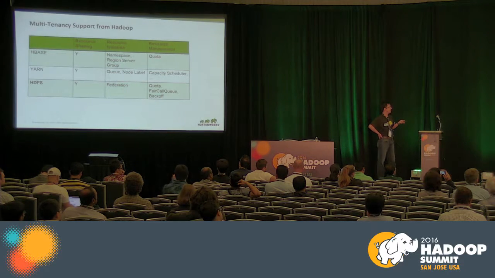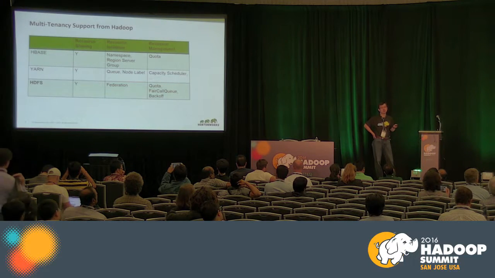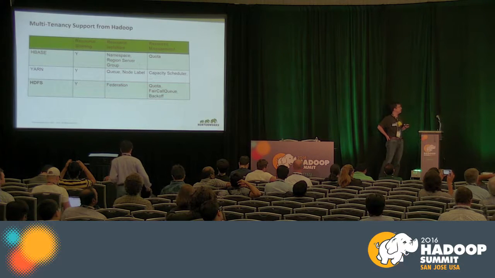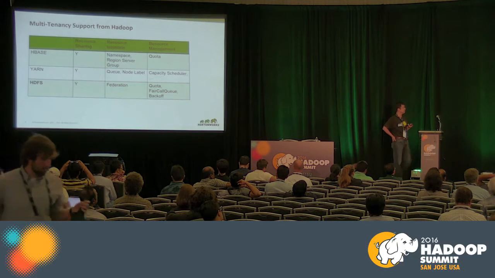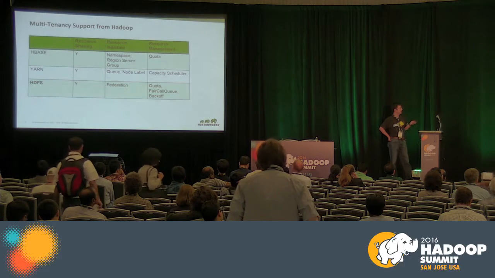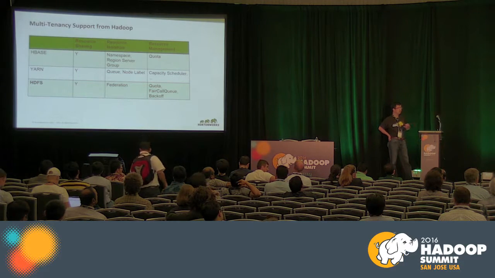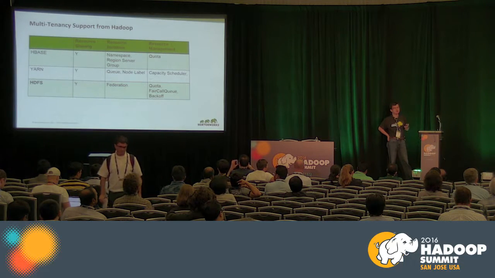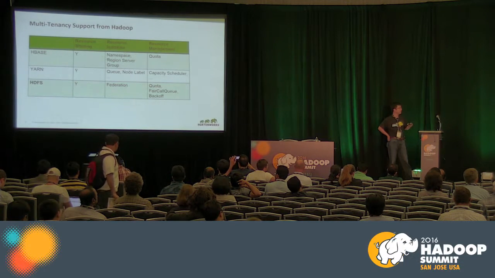They have the resource sharing features because it's a distributed system. It's designed to be shared and to use the distributed resources efficiently. And from a resource isolation perspective, HBase supports namespaces in recent releases, and you can group a bunch of tables under the same namespace and manage those tables within the namespace.